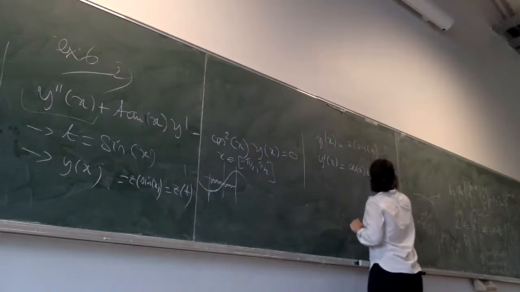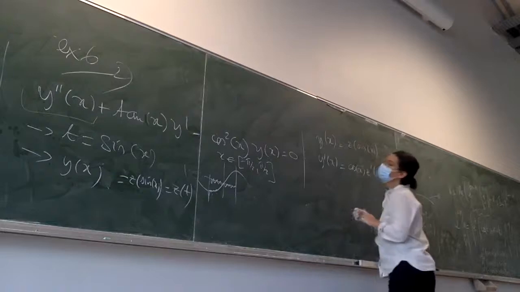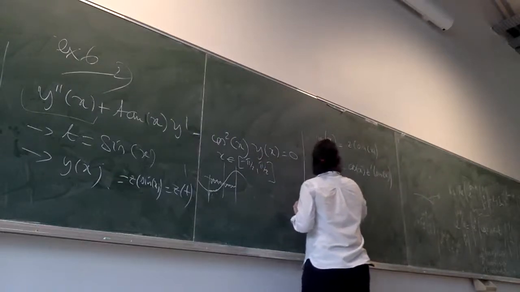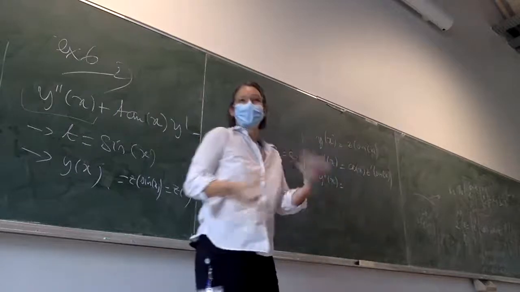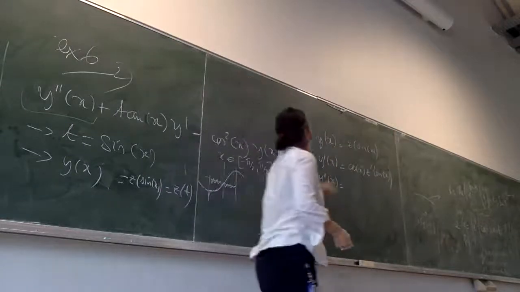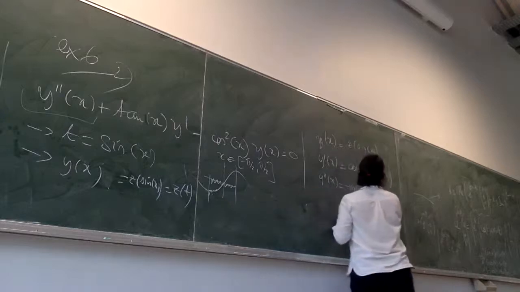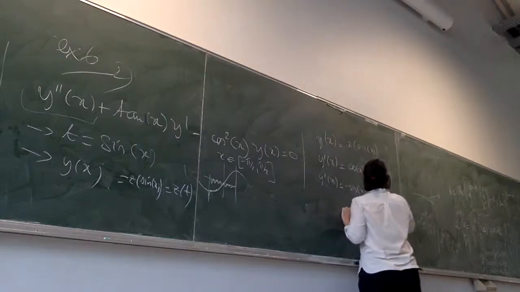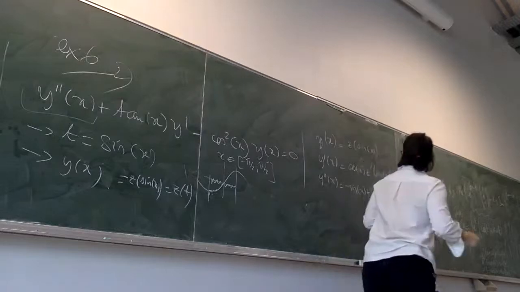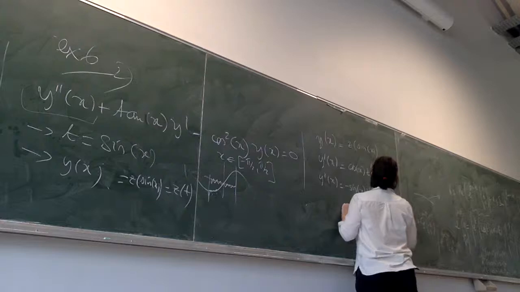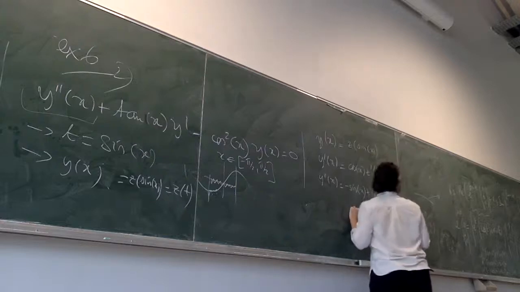Right? And then y second, differentiate that, right? So minus sine z prime plus cos square z second.